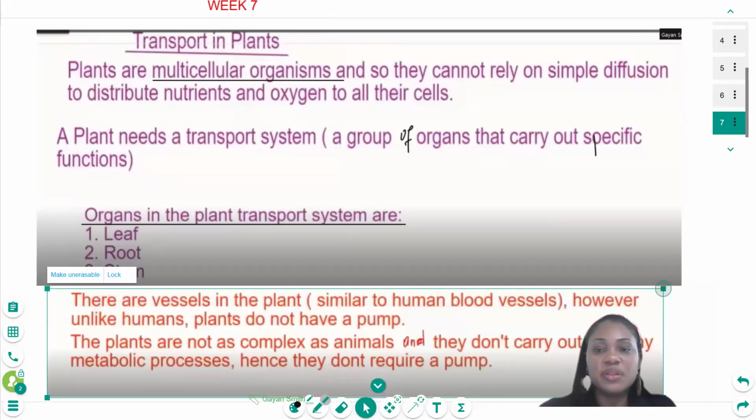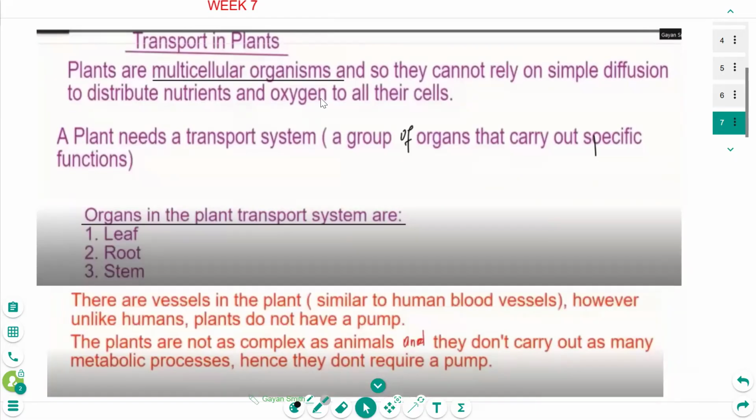All right, so there are vessels in plants similar to how we have vessels in the human body. So there are plant vessels that are similar to human blood vessels. However, unlike humans, plants do not have a pump. We have the heart, which was our pump.